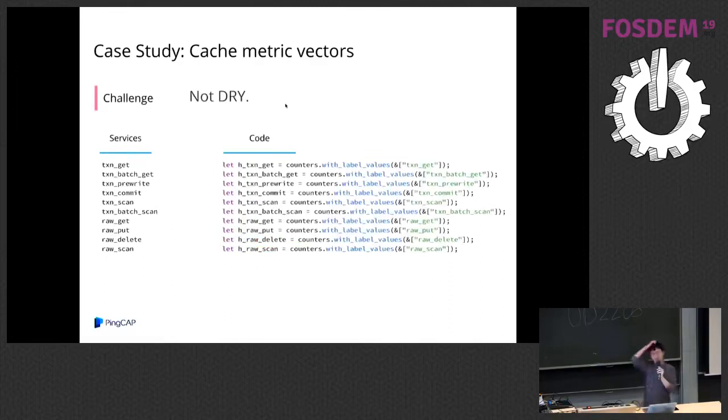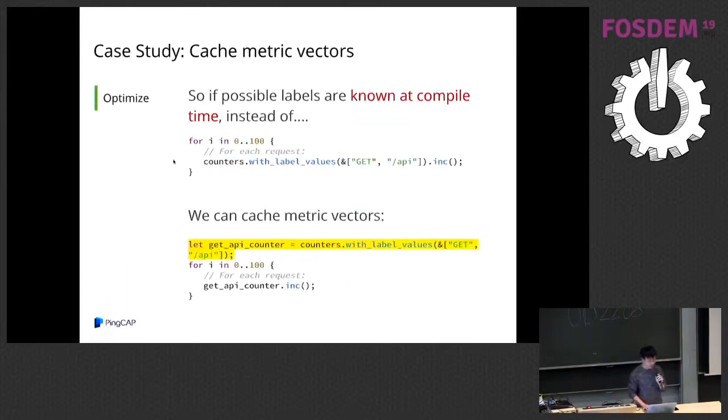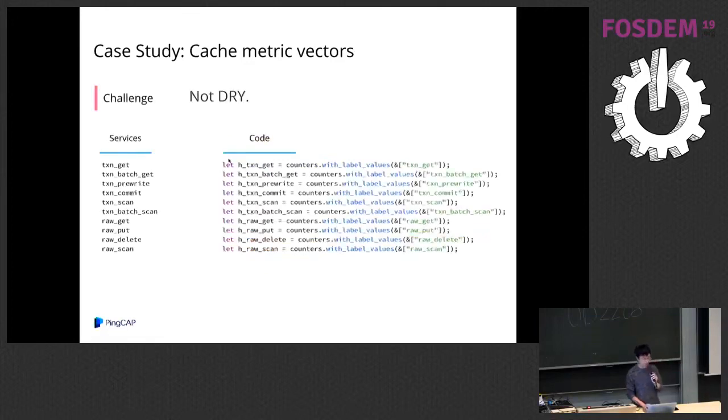So in TiKV, there are many service endpoints. For example, there are transaction get, transaction batch get, pre-write, commit, and so on. There are so many service endpoints. And we can use this piece of code to accelerate in just this way. We can write it manually to cache these labels.